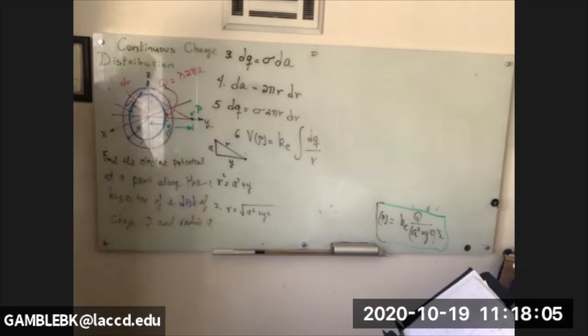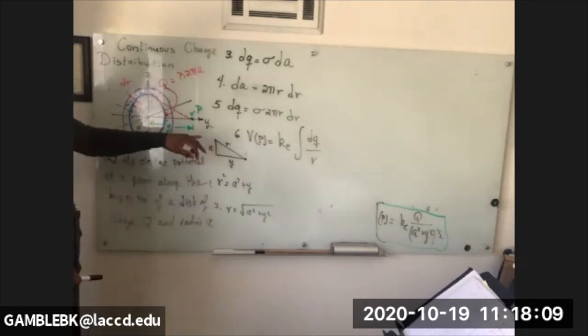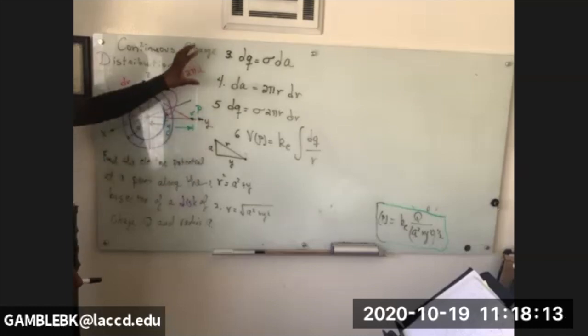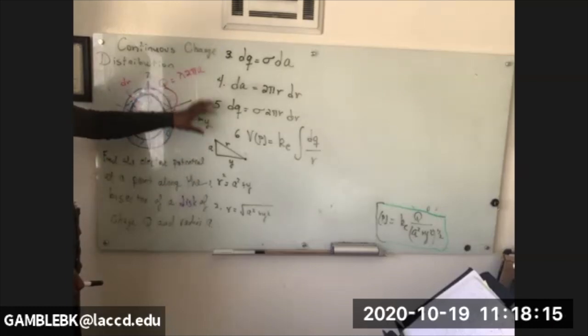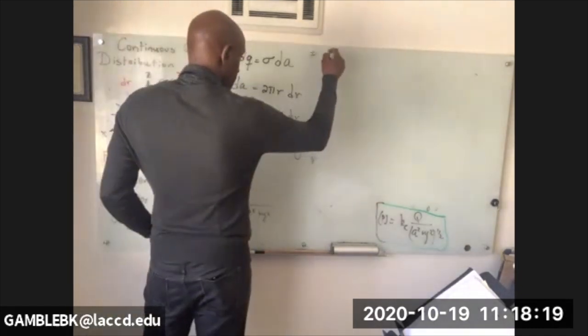So again, when we substitute in 2 through 4, 5 into 6, then we get this kind of integration.